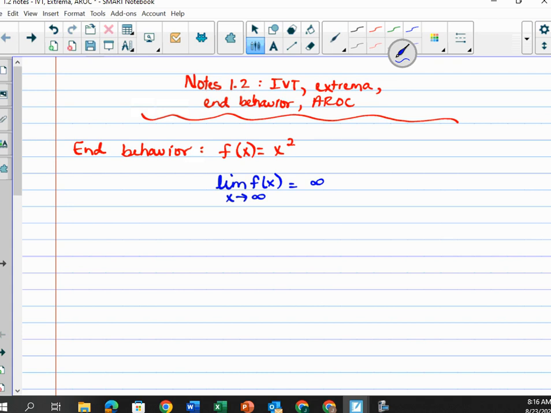And then we can say limit of f of x as x approaches negative infinity, in this case, is also infinity. It's very similar, okay?